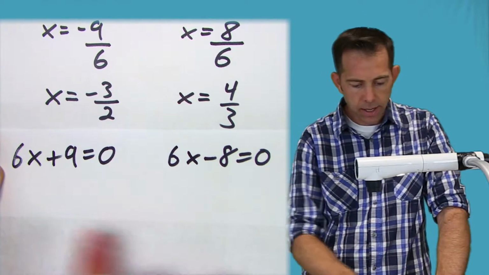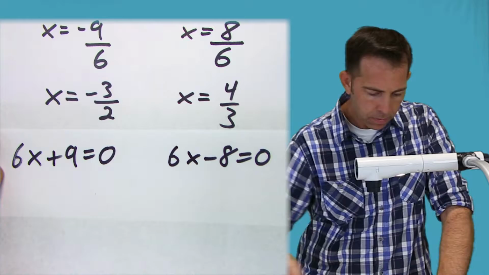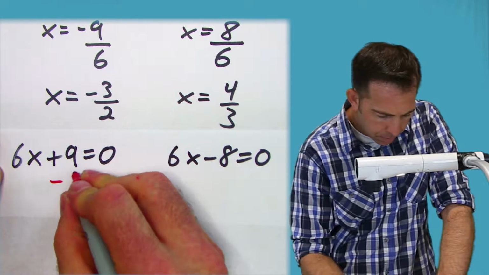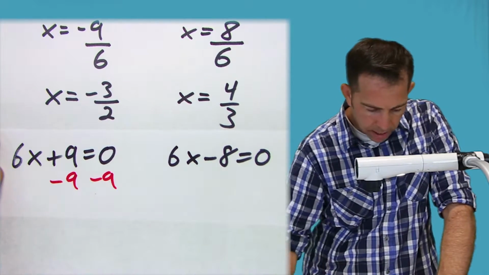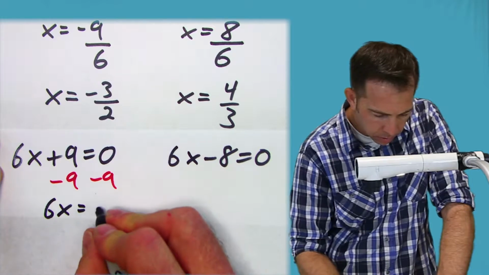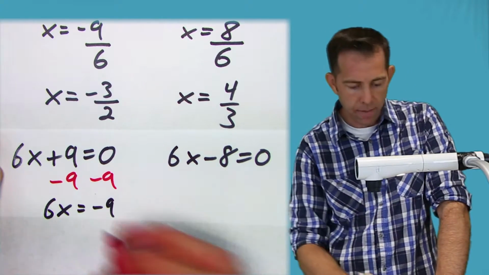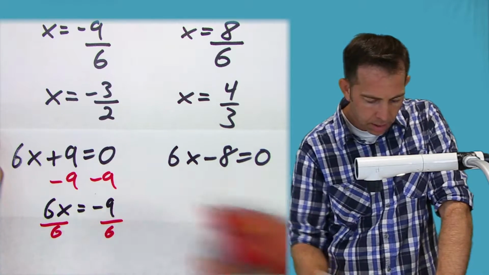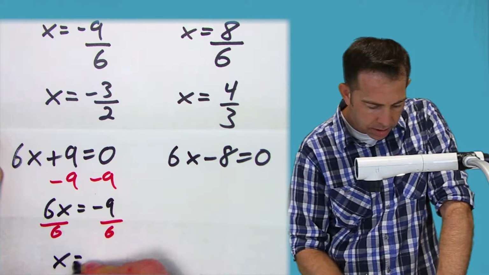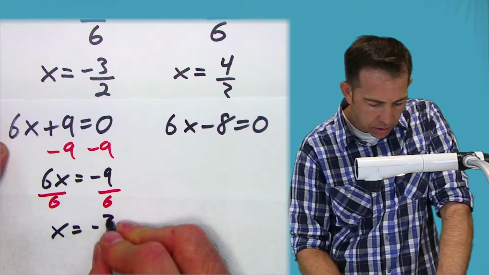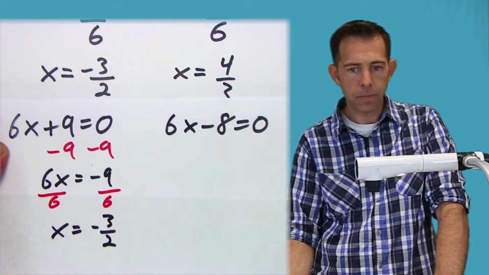Now if we solve for x in these cases, we get minus 9 on both sides, 6x equals negative 9. Now we just have this extra step at the end of having to divide by 6 to get x by itself, and we're still going to end up with x equals negative 3 halves.